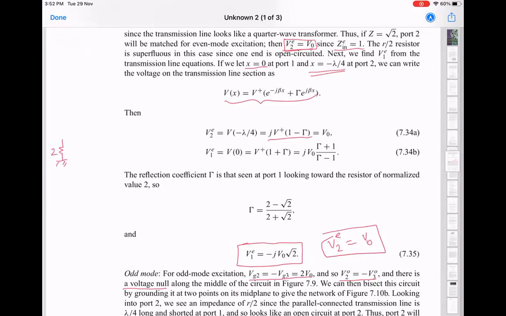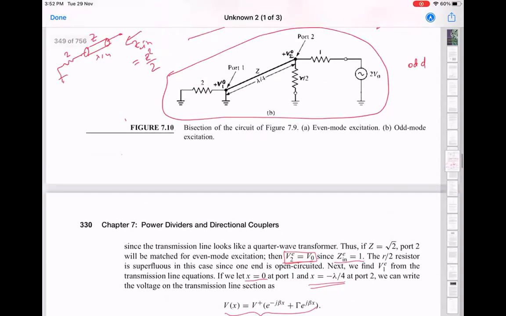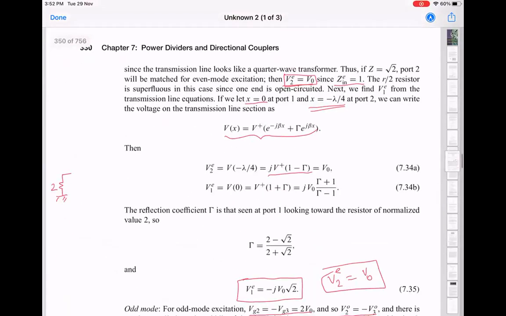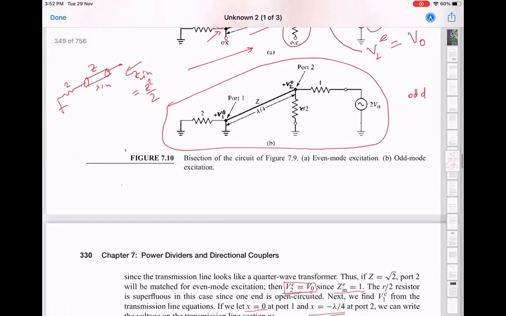So this is 2, and it's actually shorted to ground. There is a lambda by 4 section, characteristic impedance Z, which is equal to root 2. Then there is a resistor R by 2 to ground.